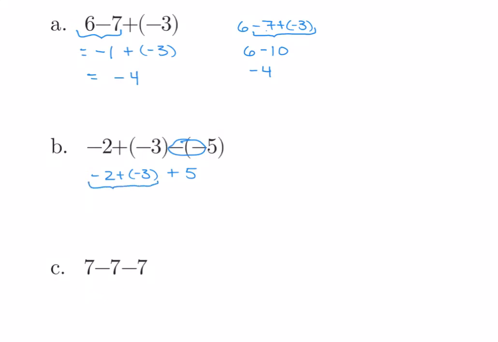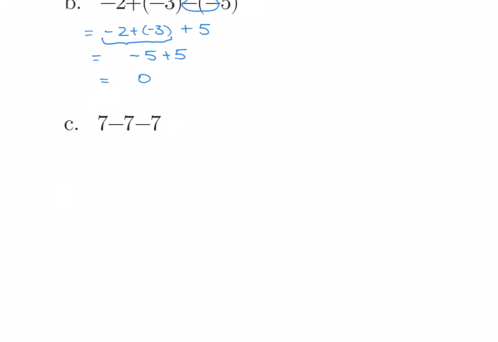I can combine negative 2 and negative 3. We have same signs, so we're going to add and keep the sign. I'm going to bring down my plus 5, and now negative 5 plus 5 is 0. To me, that's the easiest way to do this problem, so I'm not going to do it another way. But just remember, you can combine these however you want, as long as you remember the sign goes with its number.